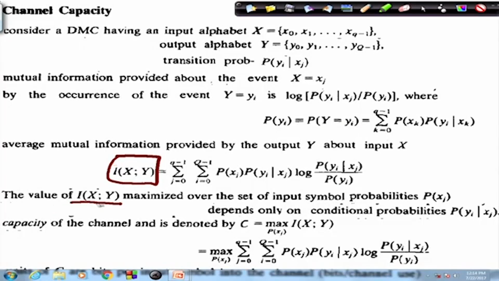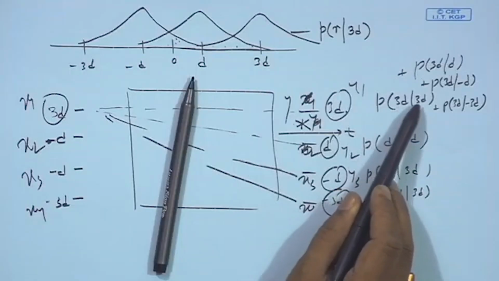The value of mutual information is maximized over the set of possible input probabilities. Since you know the transition probability matrix, that is P of y given x, we would like to maximize the mutual information, that is, maximize the correlation in some form.